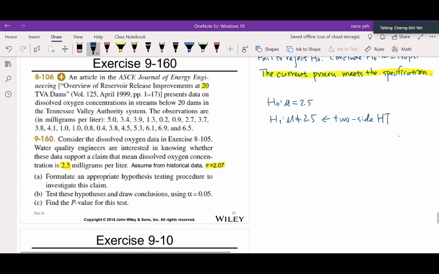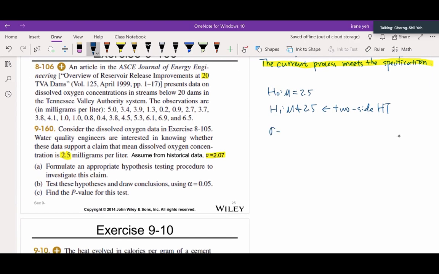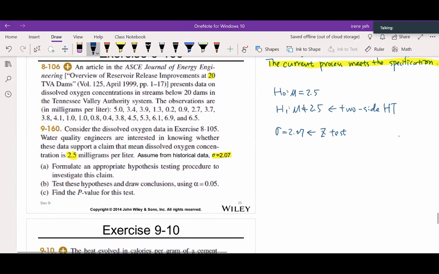What else do we know? We also know the population standard deviation is 2.07. Based on this information, we know this is going to be a z test. We're going to calculate a z statistic. Sample size is 20. All right? Have this information in mind. I will take you to Minitab.